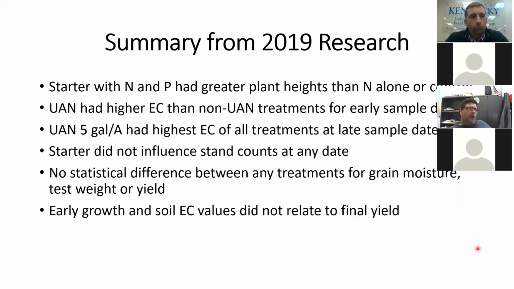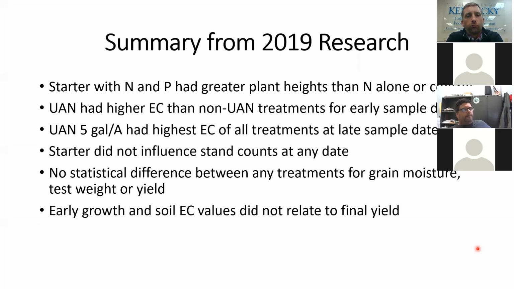So what we summarized from the 2019 research, the starter with the higher N and P had greater plant heights than N alone. So we did see a benefit in plant height with that ammonium polyphosphate or some of those starters. We had the highest electrical conductivity with the UAN.